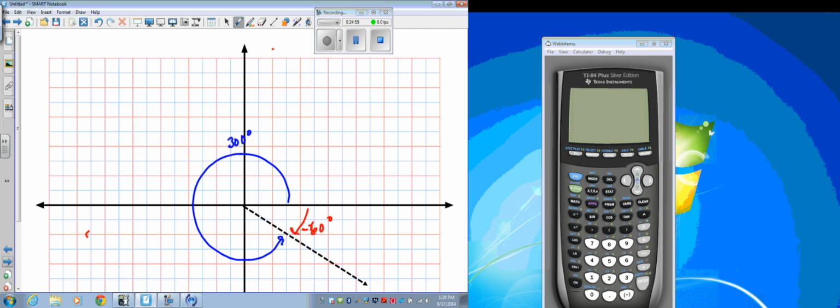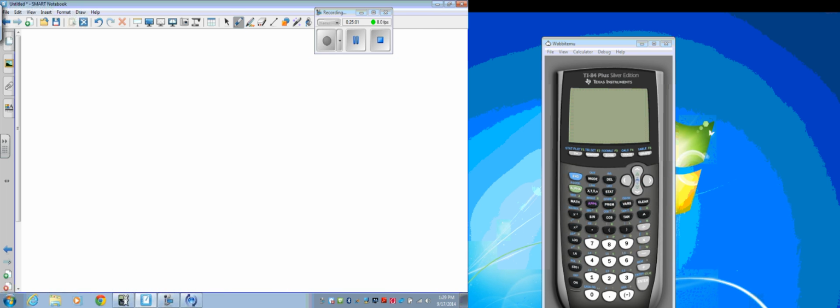All right. So the next one, number 5, says 750 degrees. Now, James, what's going to be our process? Tell me what you're doing. You want to subtract 360 to get an angle between 0 and 360 by subtracting 360s, right?